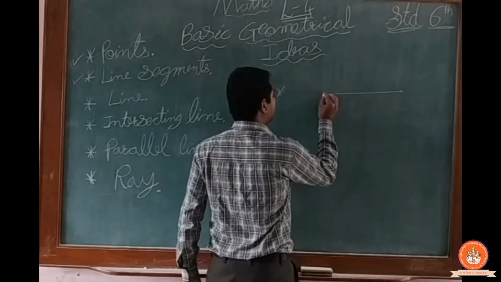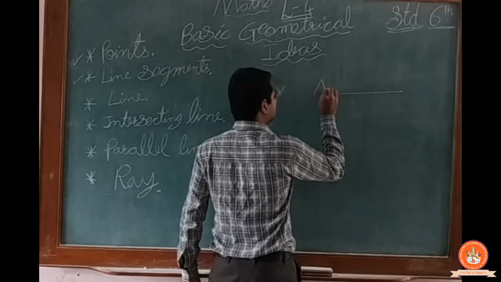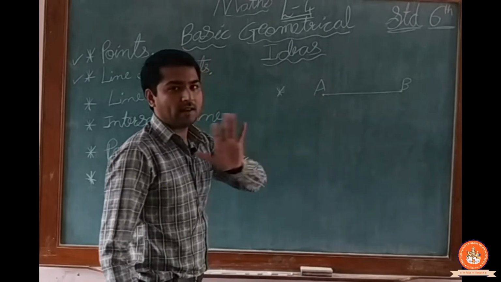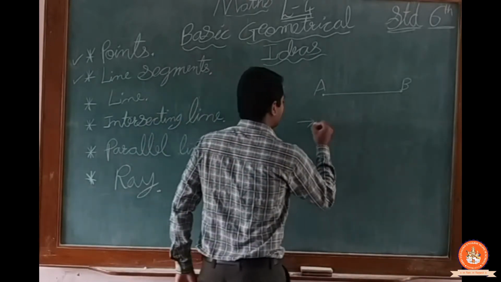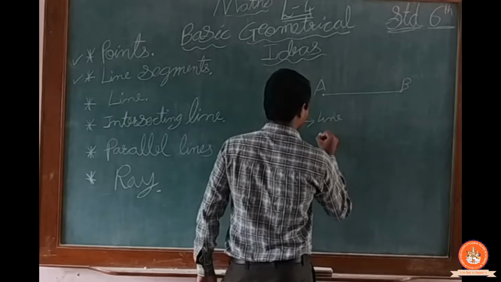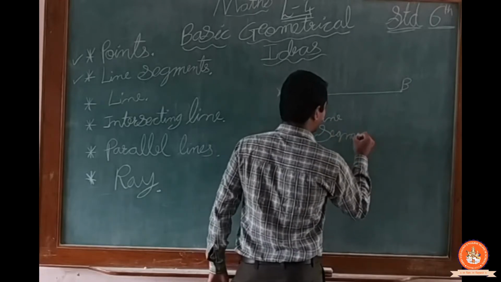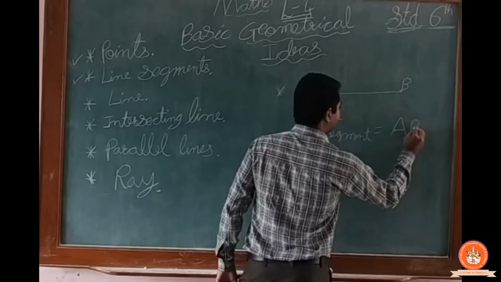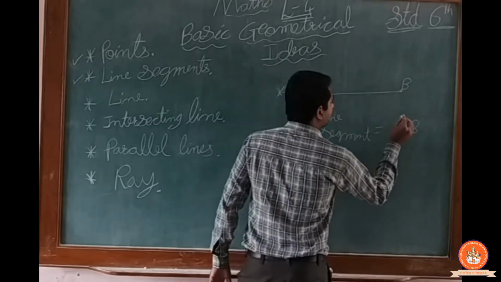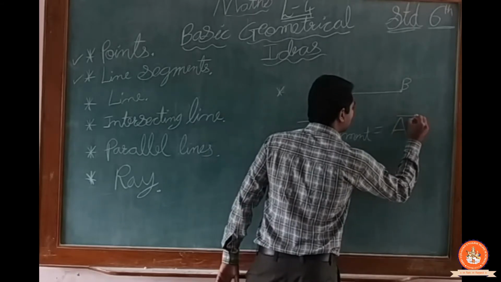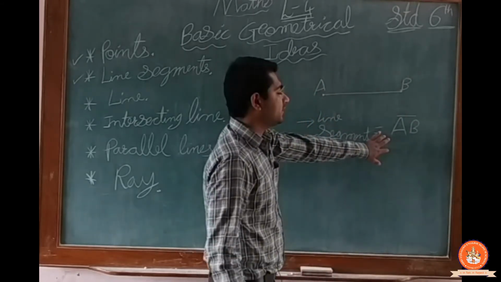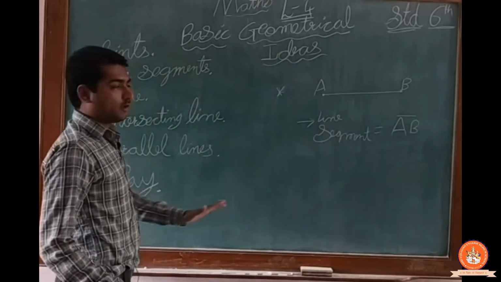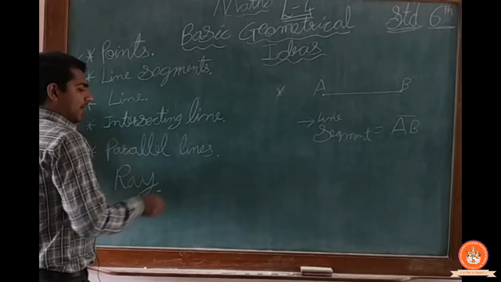Already I told you to write in capital alphabet, this A and this B. So I can say that this is my line segment. If I want to describe the name of my line segment, that will be AB, and on the upper side of AB you have to draw one horizontal line, so that this is my line segment.